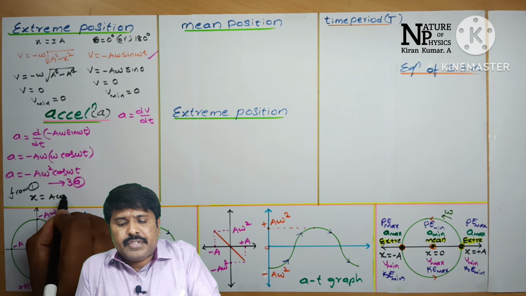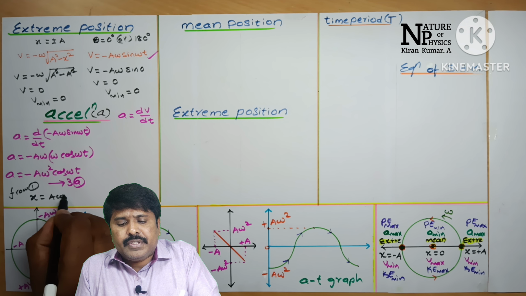Yes student, now continuation, for the extreme position also we have to replace the values. For this extreme position, again two conditions are there, so that x is equal to plus or minus a, and theta is equal to 0 degrees or 180 degrees.